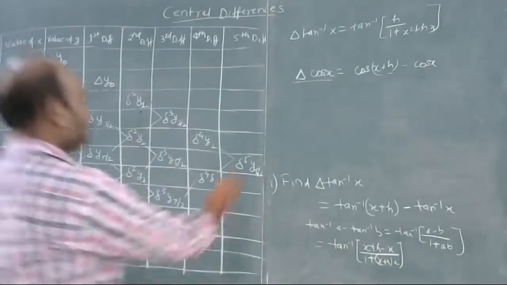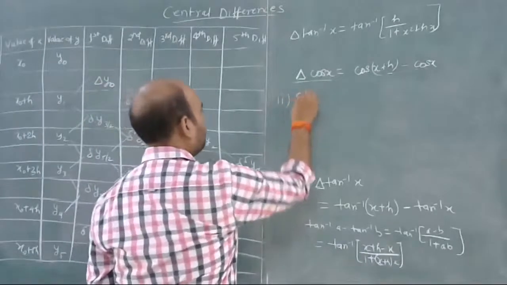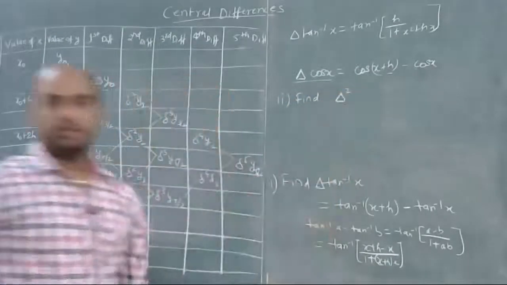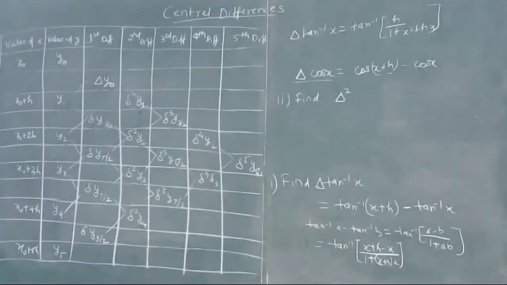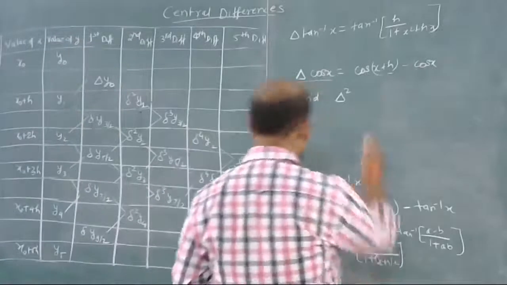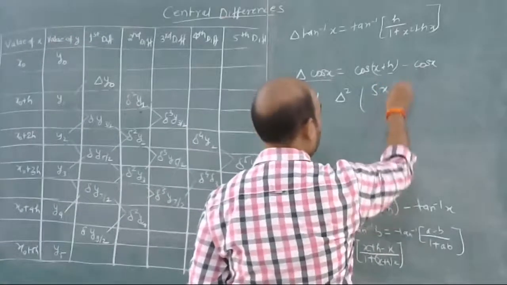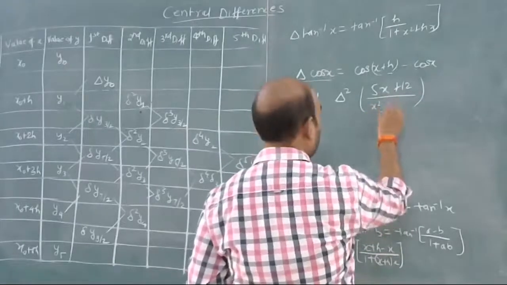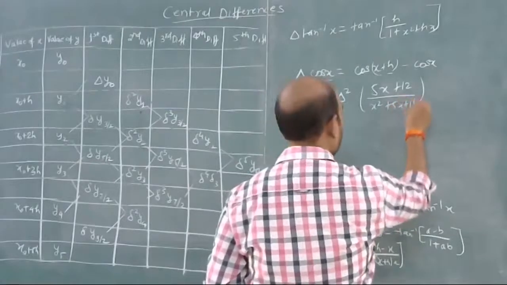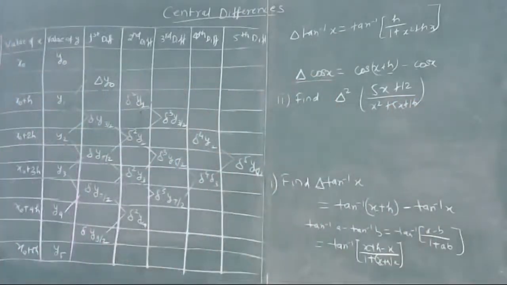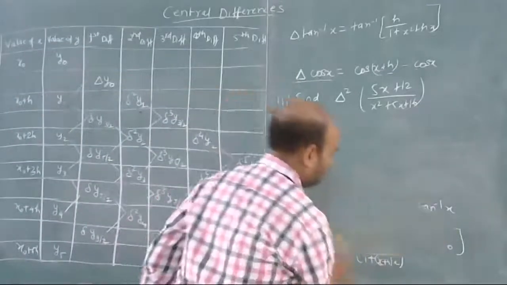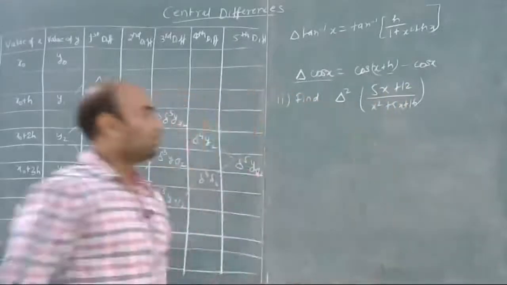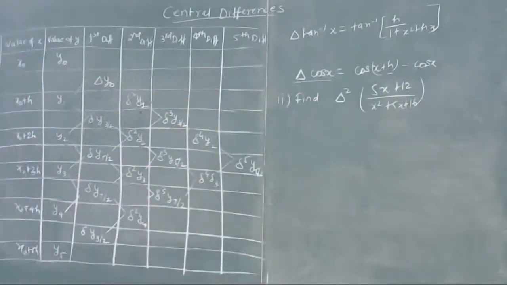Okay, second question, find del square. Now we will go to the second difference. 5x plus 12 divided by x square plus 5x plus 6. Okay, so you have to find del square, the second difference of 5x plus 12 divided by x square plus 5x plus 6.